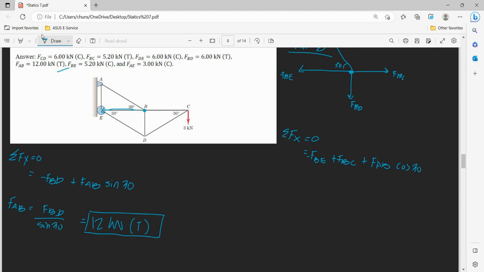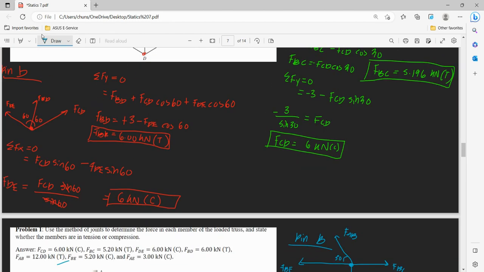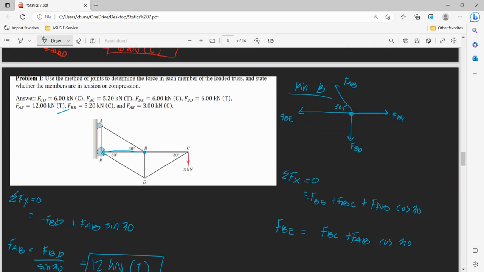Okay, and to solve for our final BE, let's move this BE to the other side, and this is equal to FBC plus FAB cos 30. We have all those values. FBC is equal to 5.196, plus 12 cos 30, and this is equal to, hold on.